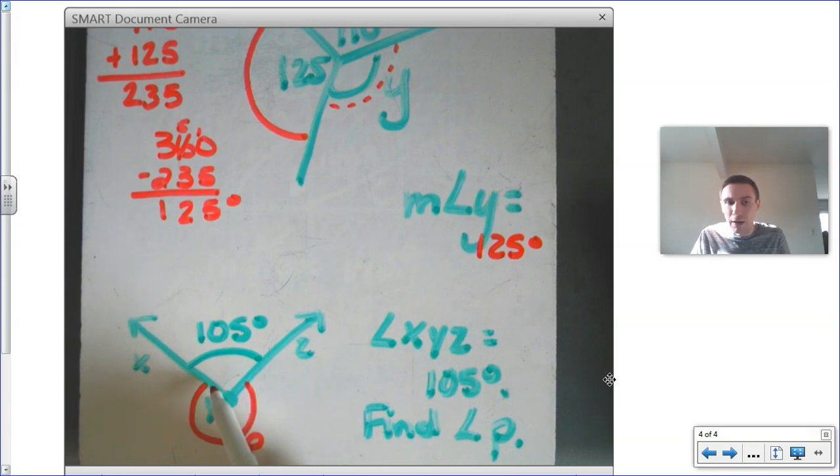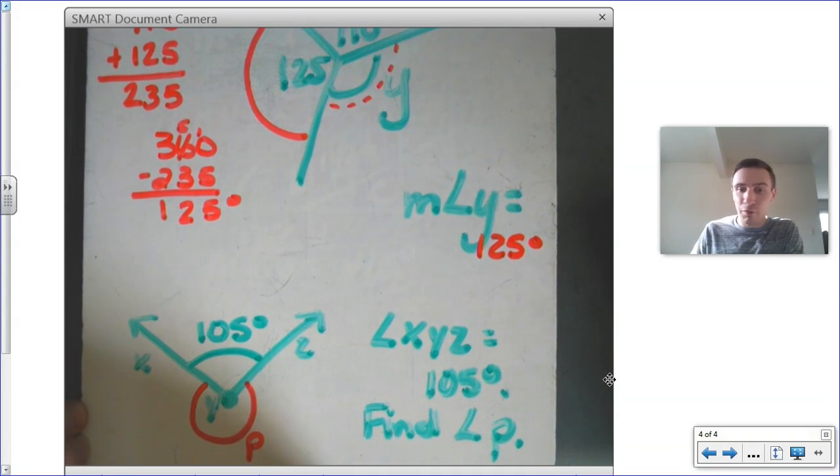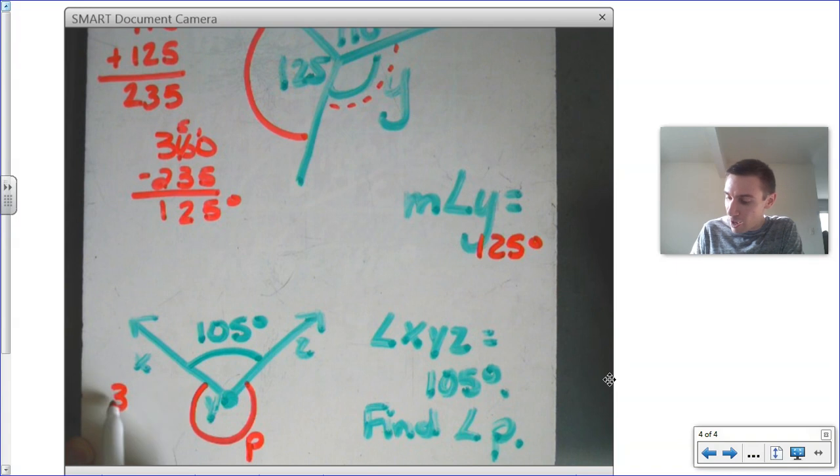Part of the distance around the point is 105 degrees. What's the rest of this distance going to be? Well, I can use the same rule of 360, can't I? If I do 360 degrees and I take away the 105 degrees here, if I do 10 minus 5, I'm left with 5.